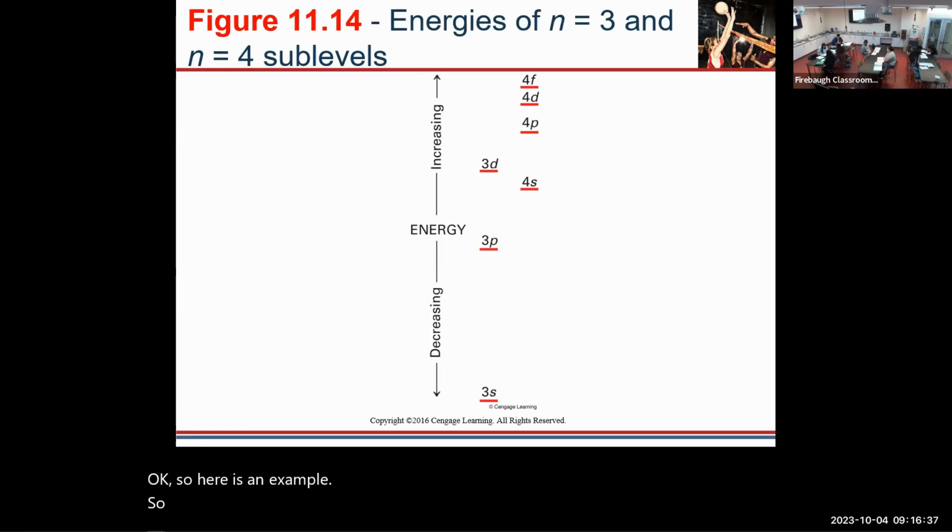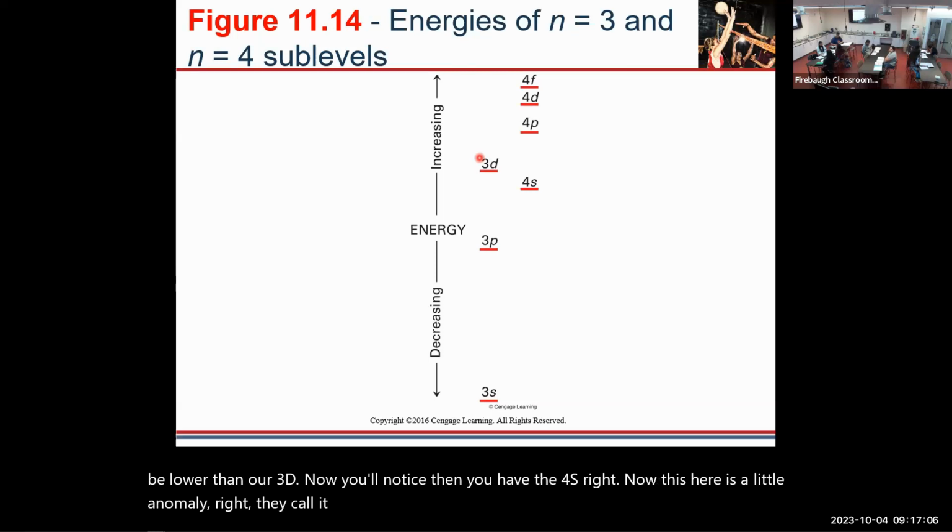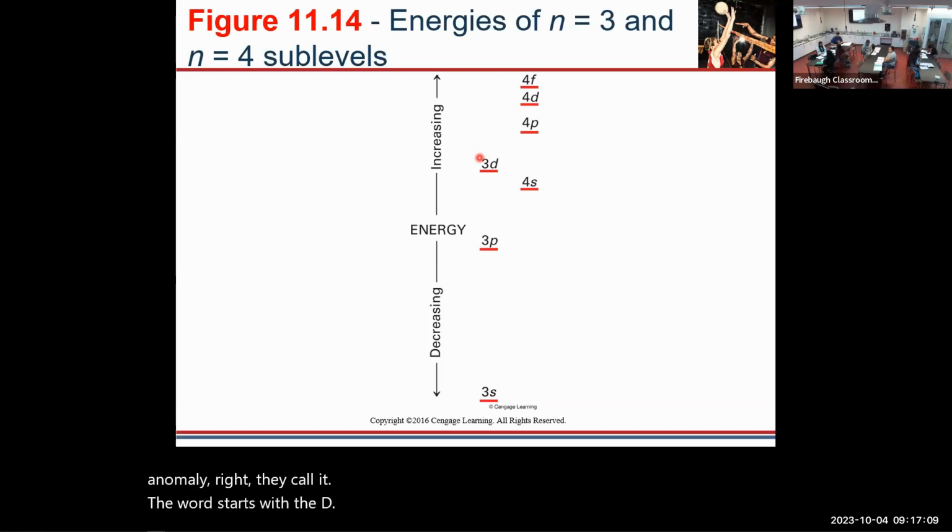Okay, so here is an example. In terms of energy, the 3s is going to be lower than our 3p, which is going to be lower than our 3d. Now you'll notice then you have the 4s. Now this here is a little anomaly. But basically, the 4s is lower in energy than the 3d.